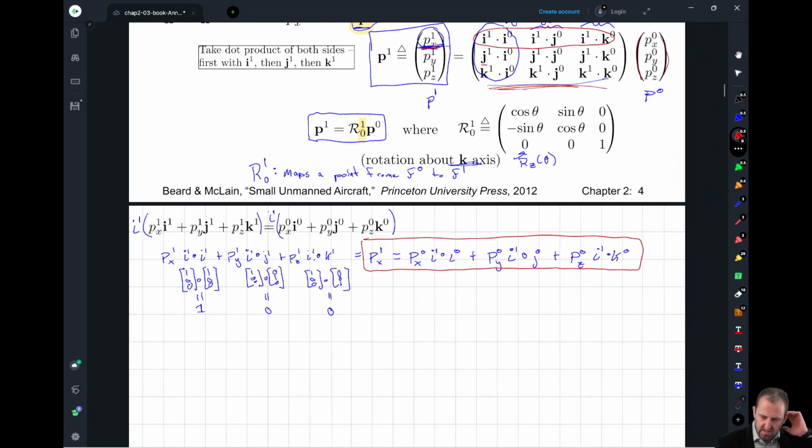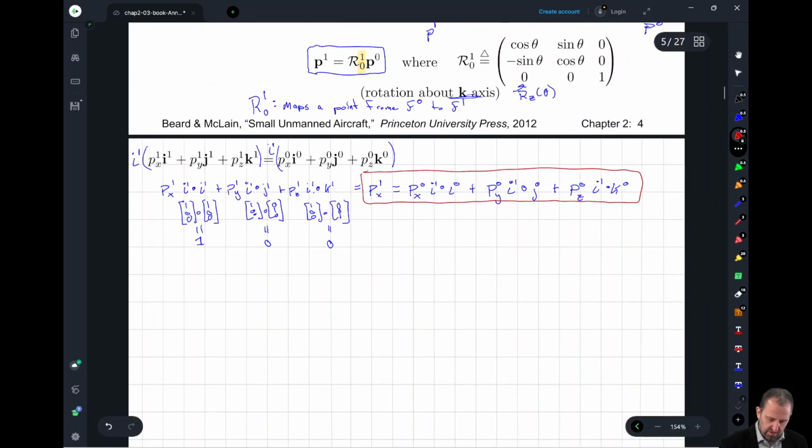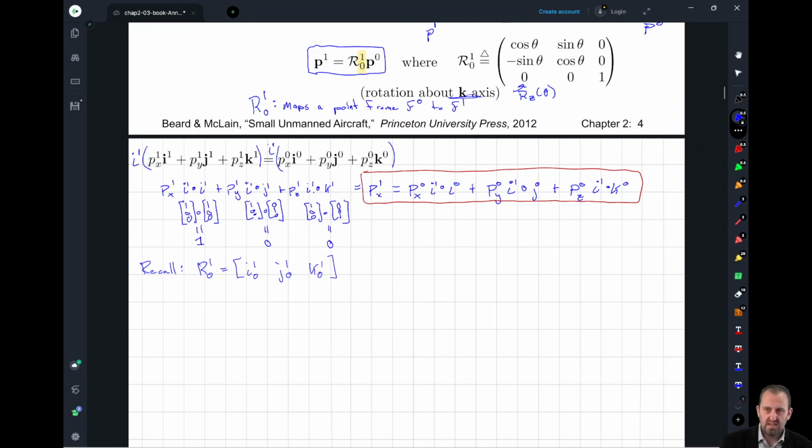The next thing we want to look at, if you recall, is that we previously wrote R01 as I naught in frame 1, J naught in frame 1, and K naught in frame 1. Or we could write the rotation matrix to get from frame 0 to frame 1 in terms of the vectors that make up frame 0, I0, J0, and K0, in frame 1 coordinates.